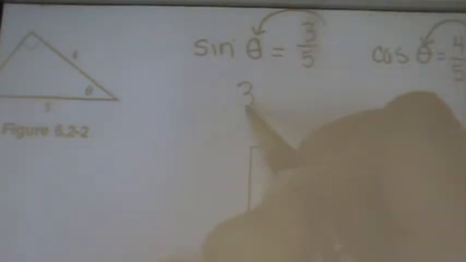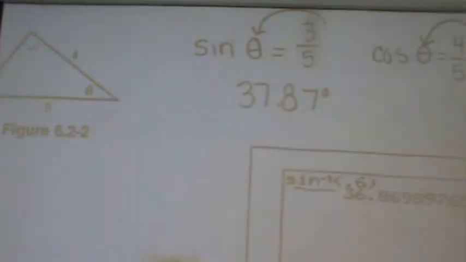If you have the Inspire calculator, you don't have to hit second, you just hit the trig button, and then whichever one you're doing, sine, cosine, or tangent. Can you tell me what angle you got? Make sure your calculator's in degree mode. Any one of them should have resulted in 37.87 degrees.